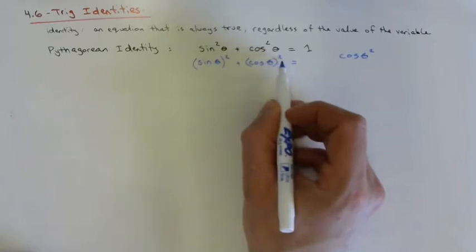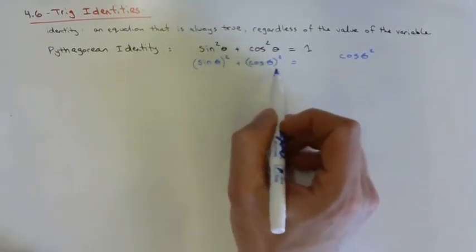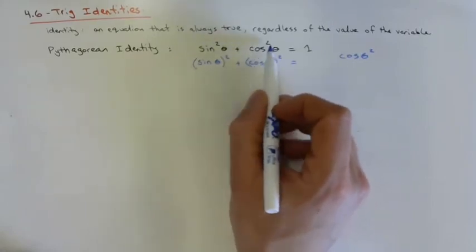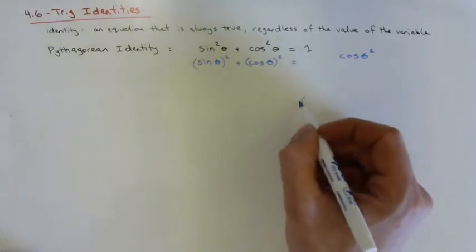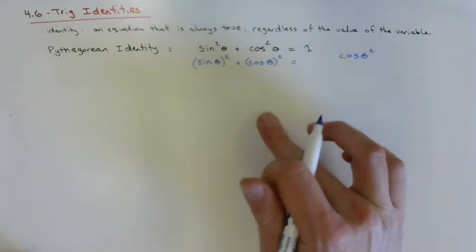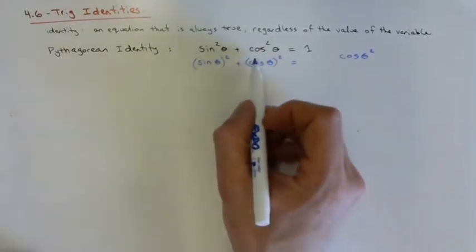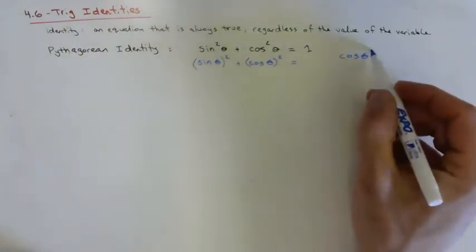The sine squared of theta is just another way of writing this. It's not taking the square of cosine. That's meaningless. That would be like saying take multiplication squared or division squared. That doesn't make any sense. But this is just a way of writing this. Now it's not this.